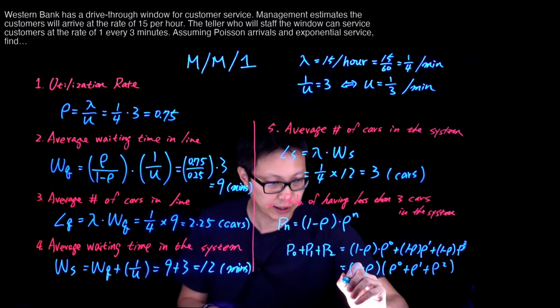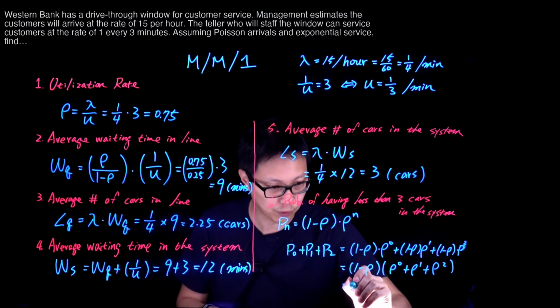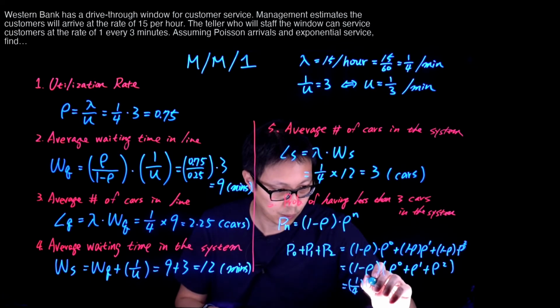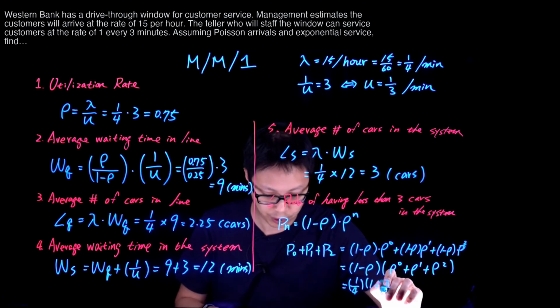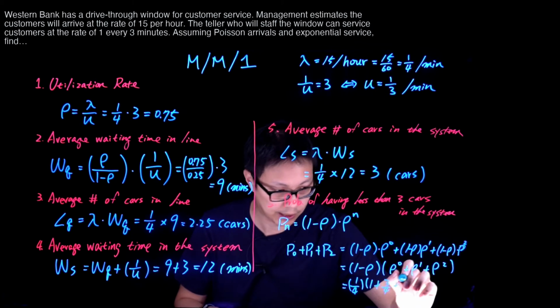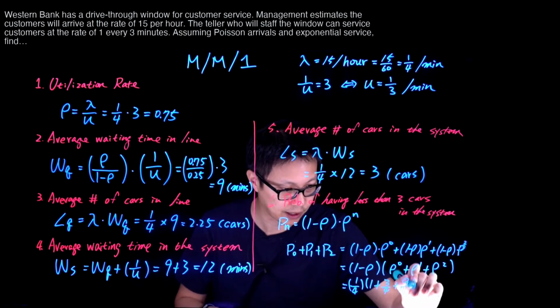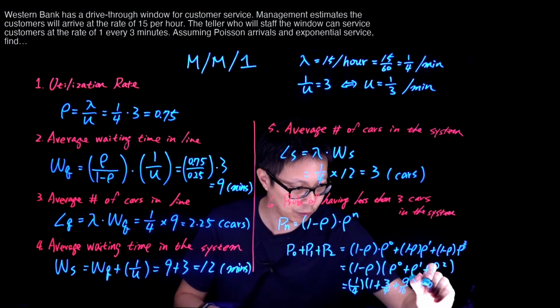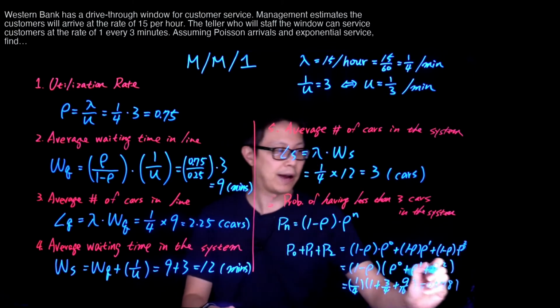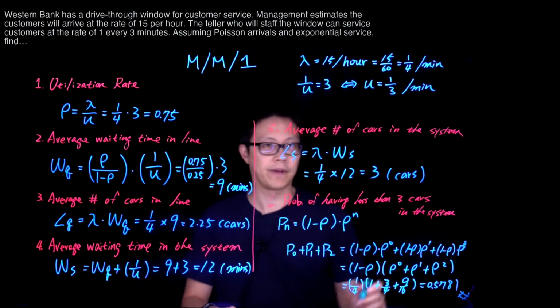Then you just plug in the numbers. This is equal to a quarter times 1 plus 3 over 4 plus 9 over 16. That should be equal to 0.5781, and that will be the final answer.